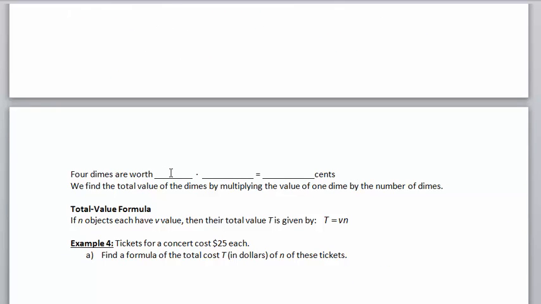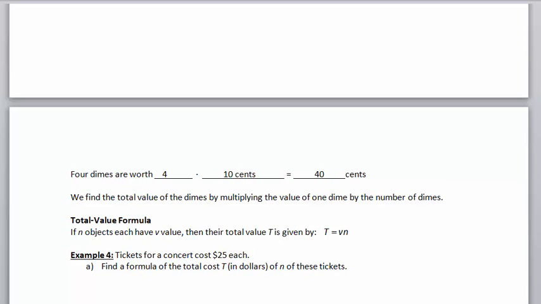In the next part, we know that 4 dimes are worth 40 cents because 4 times the value of a dime, which is 10 cents, is equal to 40 cents. Now, it's important to check your units right here to see if you want your units to be in cents or dollars.